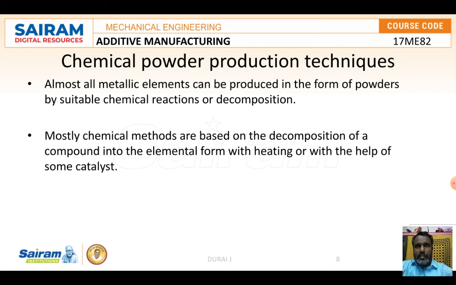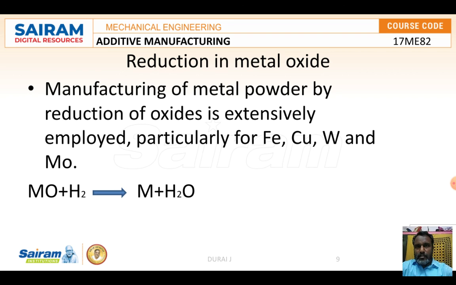There are two main methods used in the chemical production techniques. One is the reduction of metal oxide. Reduction of particular oxides by use of reducing agents is one of the most widely used and oldest methods for producing metal powder.